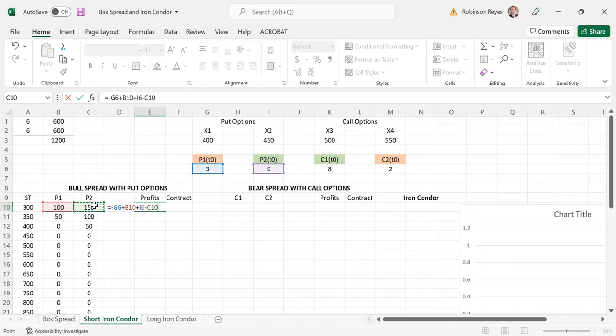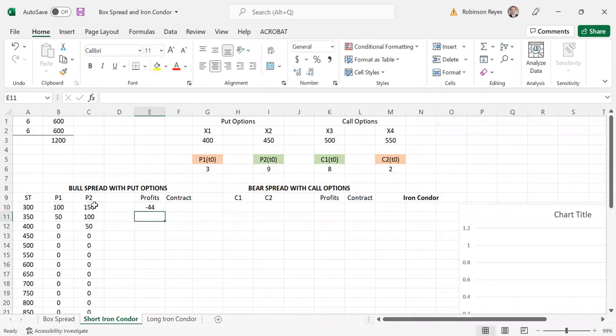If the investor exercises, then we would have to buy from the investor at a higher price than the price of the market, right? And there we go. So now these are the profits that we have from this bull spread constructed with put options.